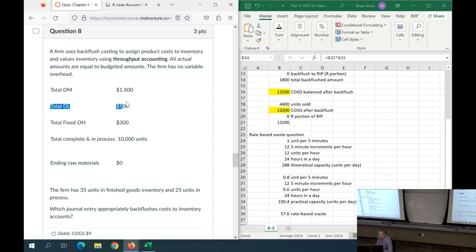Question is, do we include direct labor? Well, this bolded phrase here suggests we should not include direct labor. If you're using throughput accounting and the theory of constraints, you don't want to consider direct labor to be a product cost. What you're trying to do is tie your product costs as closely as possible to what is really going up and down as you're pushing additional throughput through the constraint of the business.